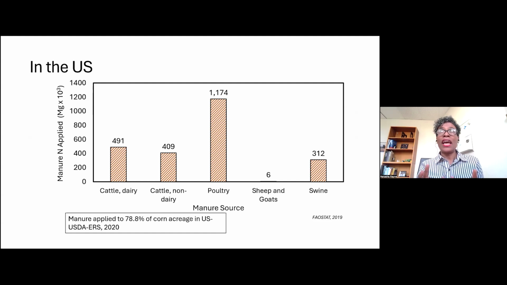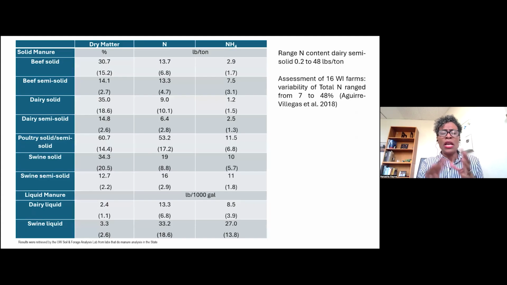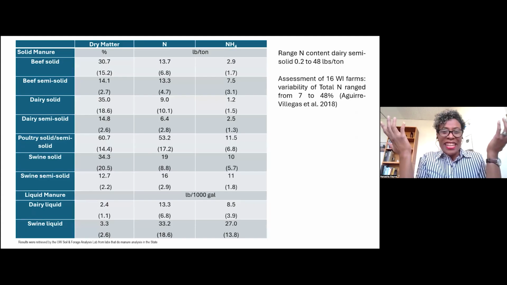So I must say that these data are based on two things, right? They're based on both the tonnage of manure that is applied, but also the nutrient content of these different manure types. Now, speaking of nutrient content pertaining to these different manure types, they are not created equal.